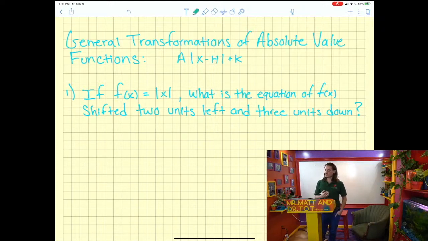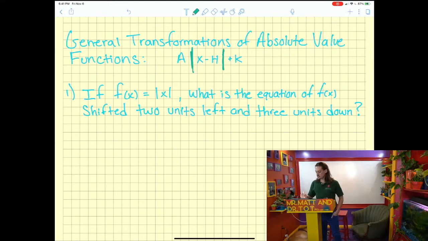So, general transformations of the absolute value function. This is actually a parent guiding function for all functions that you can use with graph transformations. If you have some parent function here, we have the absolute value, so we have these absolute value bars. This is representative of an absolute value function.